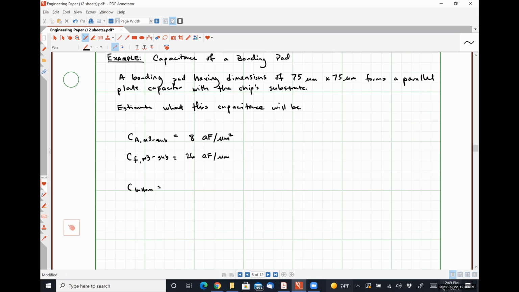We need to know two things, right? The area, which we're given, 75 microns by 75 microns, and then the capacitance per square micron, right? So for our area capacitance, this should be 8 attofarads per micron squared times 75 micron squared.